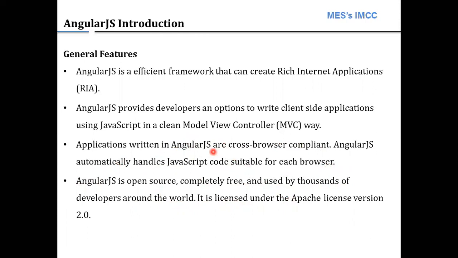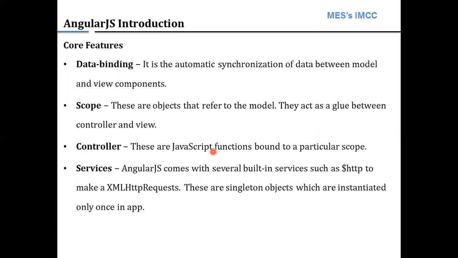After seeing the general features, we will go to the core features of AngularJS. The first feature is data binding. It is the automatic synchronization of data between the model and view components. As I told you earlier, AngularJS is a framework and we have to use the MVC pattern, that is the model view controller pattern.